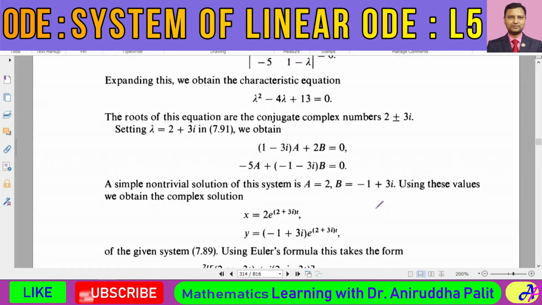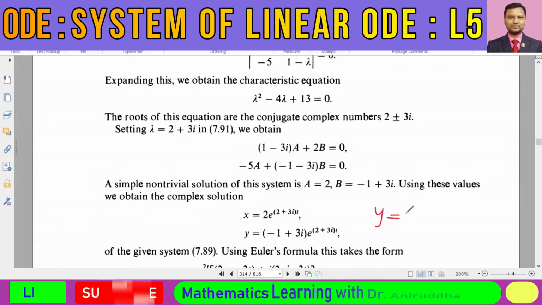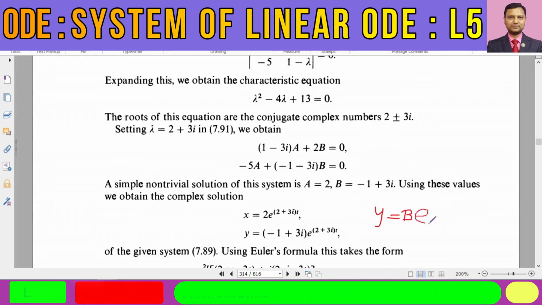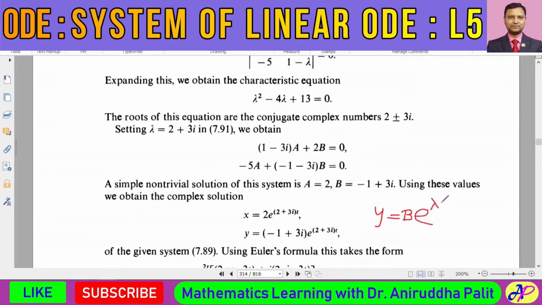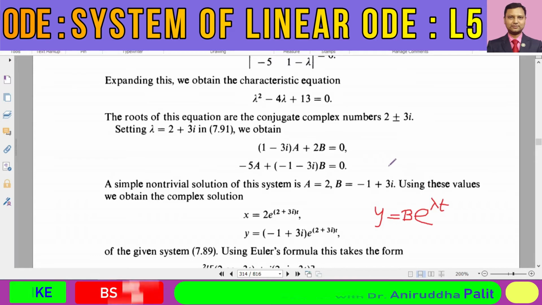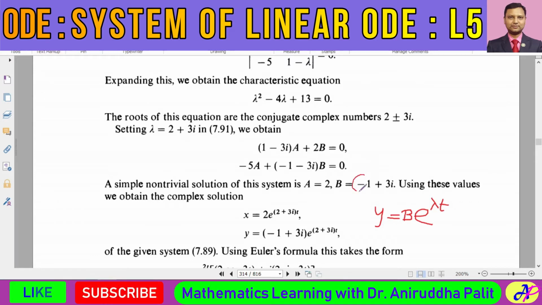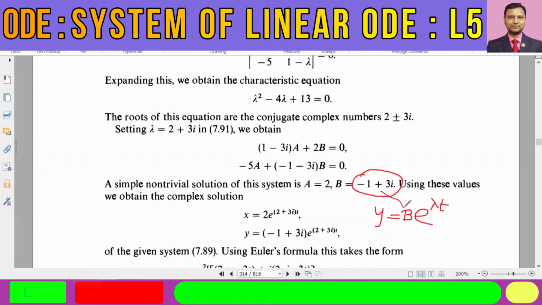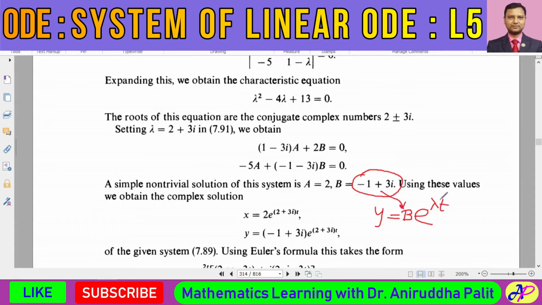Now what was y? y was equal to capital B into e to the power of lambda t. Now what is capital B? We got this value of capital B: capital B is equal to -1 plus 3i. So if we put this expression of capital B over here, and what is lambda?